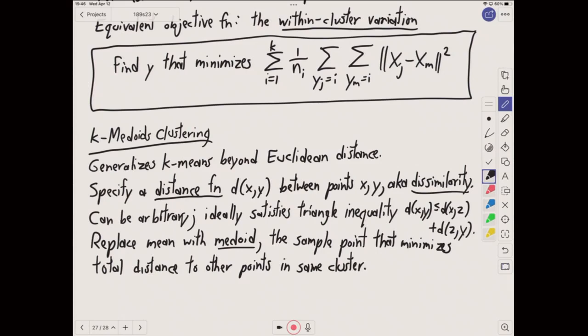Other than that, you just run k-means in the same way, using whatever your distance function is. So k-means itself doesn't really change, except that we have a different way of computing cluster centers. Any questions about that? Yeah.